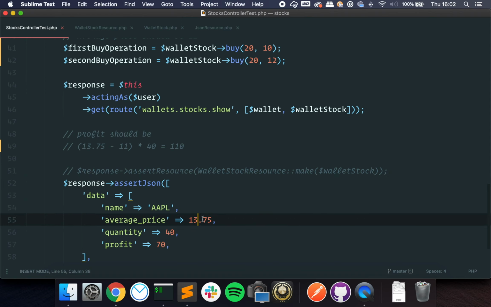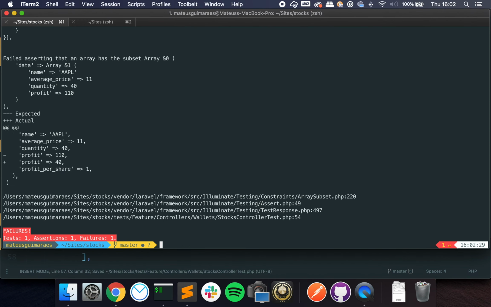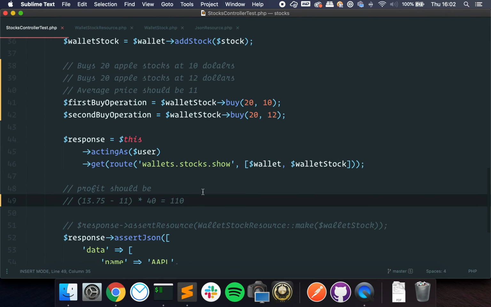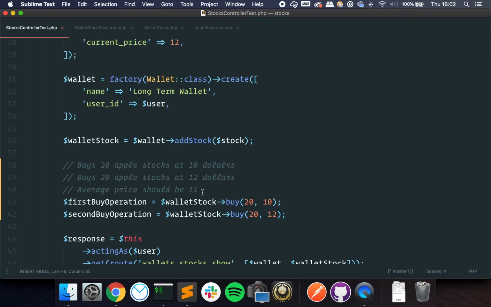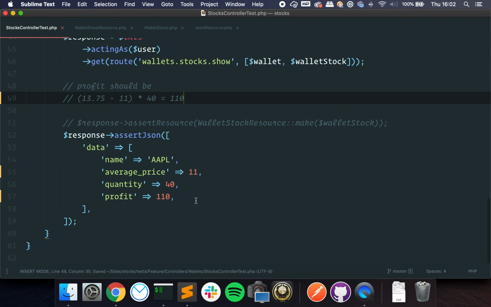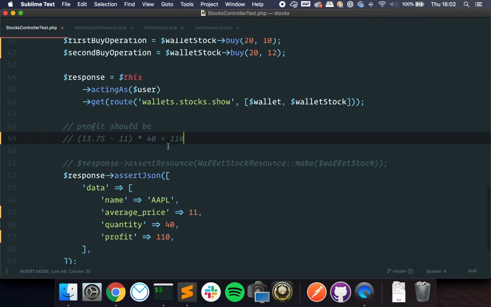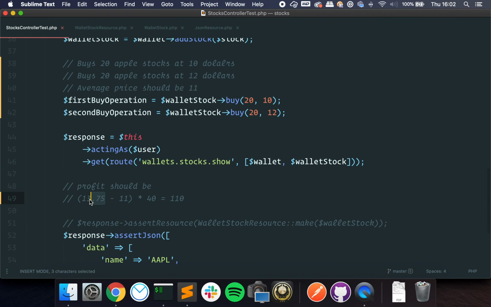So, average price should be 11. Quantity profits 110. We got 40. What? That makes absolutely no sense. Average price is 11. Oh, I'm so dumb. This is getting me confused.